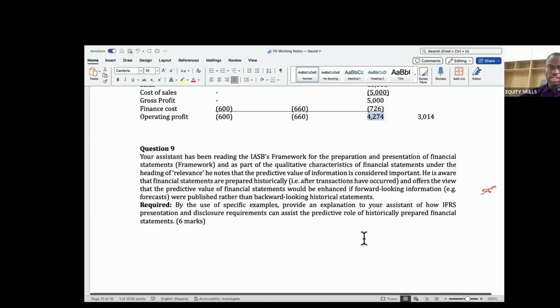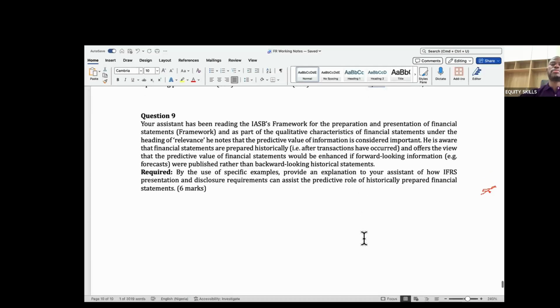Okay, so this is the last question here. Says your assistant has been reading the IASB's framework for the preparation and presentation of financial statements. And as part of the qualitative characteristics of financial statements, under the heading of relevance, it notes that the predictive value of information is considered important.